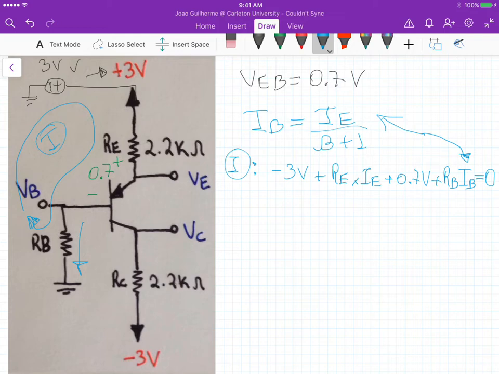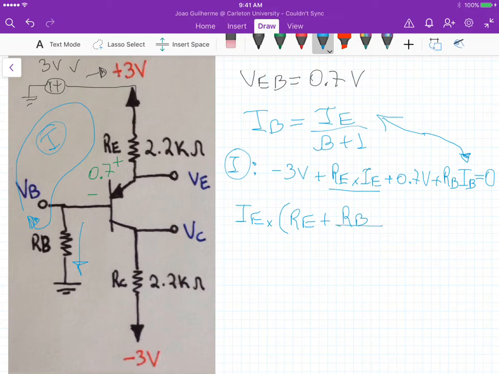If we rearrange the terms, we have IE multiplying the emitter resistance, plus RB divided by beta plus 1, since IB becomes IE divided by beta plus 1.